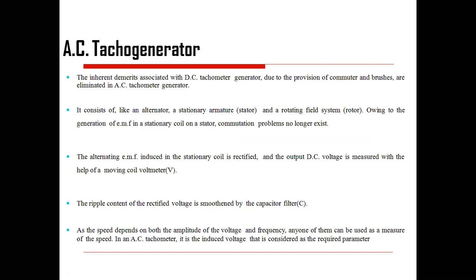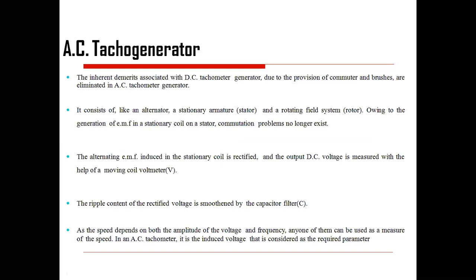Now there is a limitation, as I have already told you. There are limitations or demerits associated with the DC tachometer generator due to the provision of the commutator and brushes, which are eliminated in the AC tacho generator.